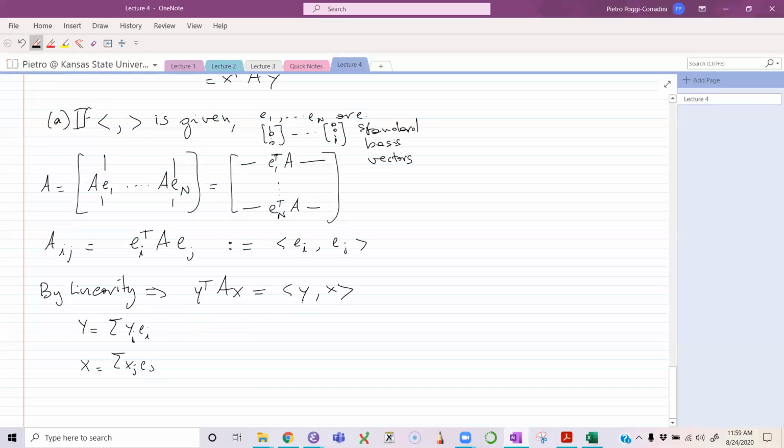And then when you put those in here, you can undo everything and pull everything out, and then recover the same thing that you would get from this side.